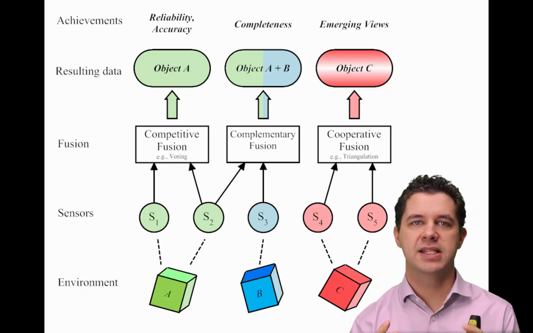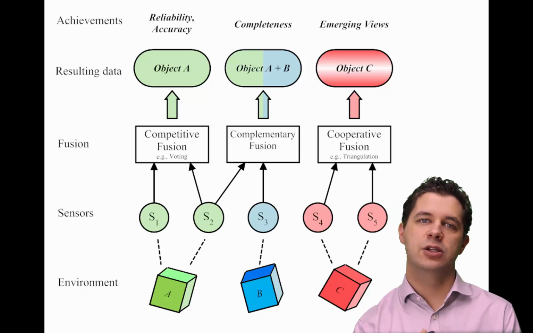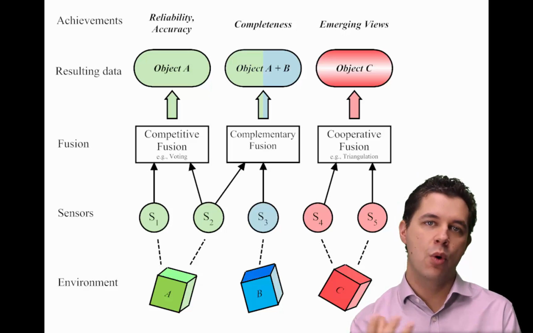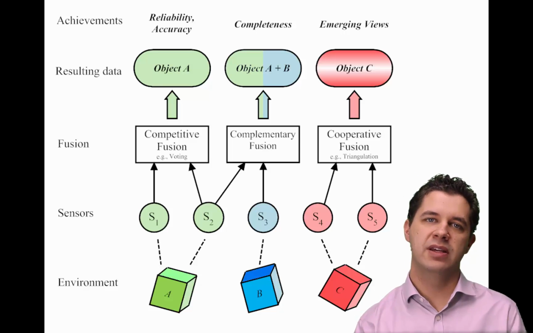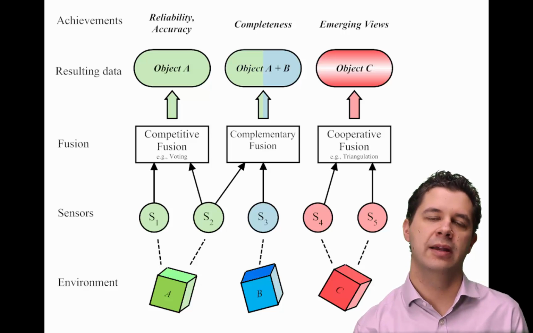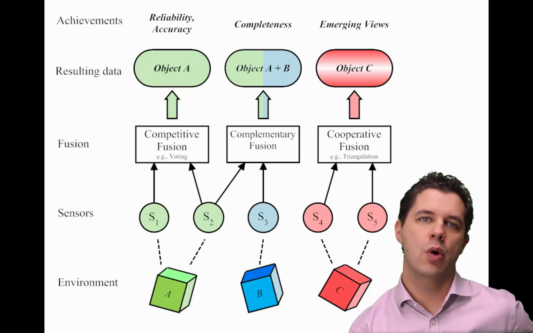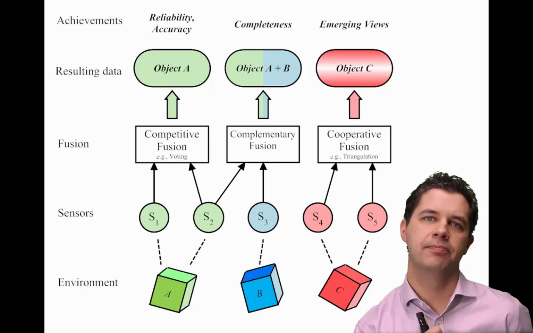In case one of these sensors is faulty or isn't working or something like that, the other sensor should be able to give us a correct reading. We might have 3 or 4 or more sensors and do some voting here to determine if one of these sensors is faulty or not working. It depends on the level of accuracy and reliability that we require. So this is our competitive fusion or redundancy.